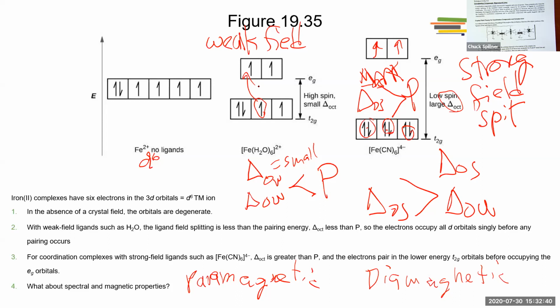So the weak field is going to absorb low energy light. The strong field, because the gap is greater, that's higher energy, is going to absorb higher energy light, which is shorter wavelength. So the weak field absorbs long wavelength light, and the strong field absorbs short wavelength light. We'll see examples of that later on.